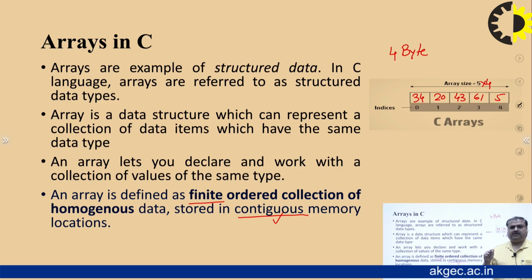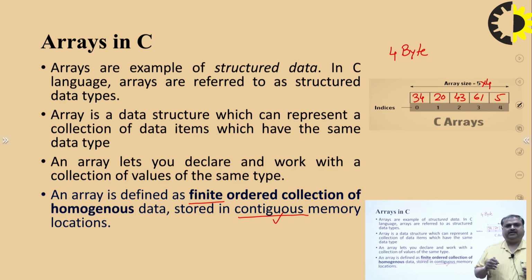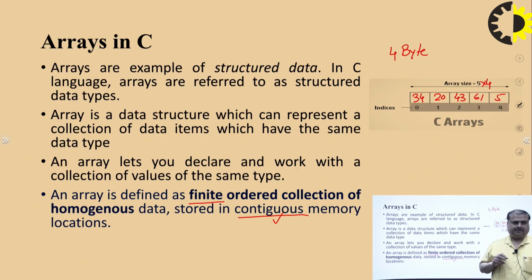Then there would be no way to know what amount of memory should be reserved by the compiler. In that situation it is ambiguous, and the compiler will not reserve any memory. That's why it is mandatory to provide a fixed size at the time of declaration of an array. So this is the meaning of finite. Every array has a fixed size.